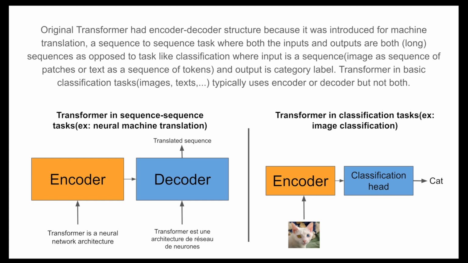For example, GPT-3 uses the decoder, and ViT, or vision transformer, uses the encoder. But that's basically it. We have the encoder and decoder because the transformer was introduced for machine translation, a task that demands processing input and output that are both long sequences.